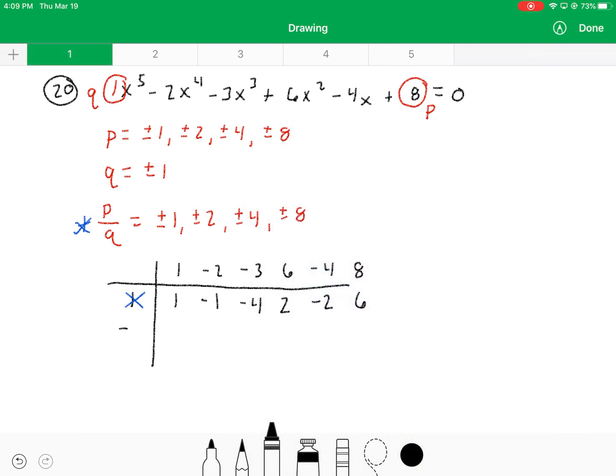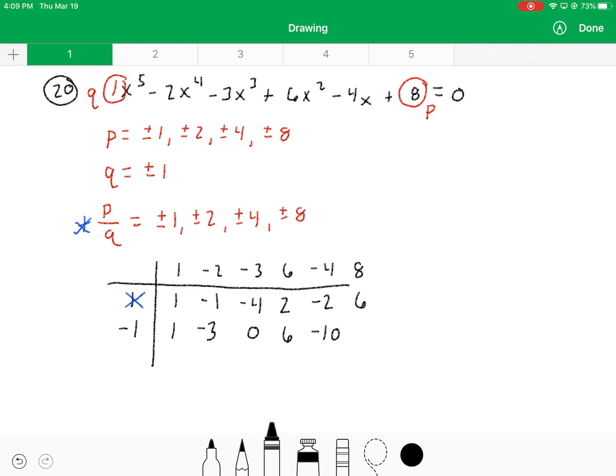So the next number I would test would probably be negative 1. Bring the first coefficient of 1 down. 1 times negative 1 is negative 1. Add it to negative 2, you get negative 3. Negative 3 times negative 1 is 3. Add that to negative 3, you end up with 0. 0 times negative 1, if you add that with 6, you get 6. 6 times negative 1, if you add that with negative 4, you get negative 10.